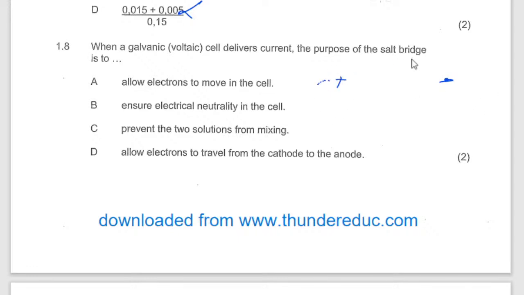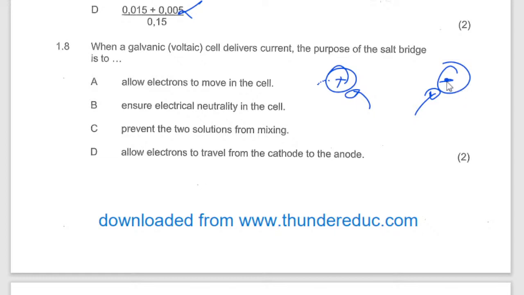Oxidation will take place there. The positive charge receives the negative one, and the negative one will be receiving the positive one.